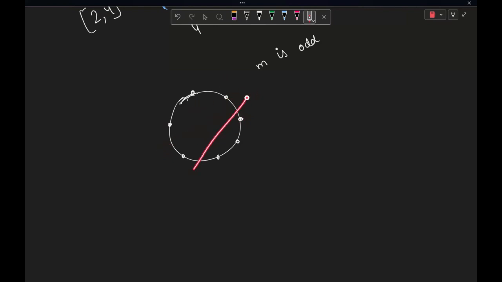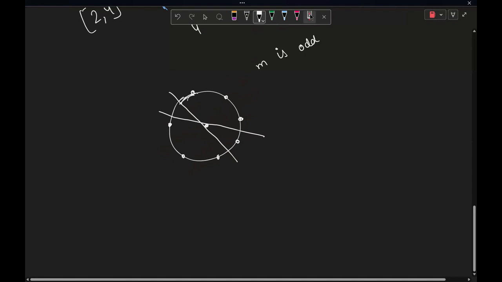You are actually having two choices now. If this is the center, then there is one diameter like this. There is another diameter like this. For each and every block, I'm actually having two choices now instead of having one choice.